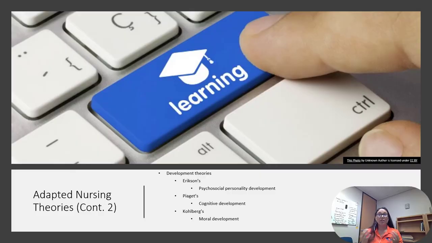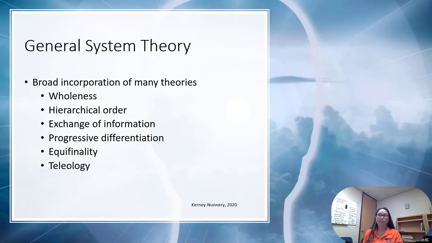there are a lot of other adapted theories that you may or may not be aware of. For instance, Erikson's psychosocial personality development, Piaget's cognitive development, and Kohlberg's moral development are also theories that nursing has adapted into practice. General system theory. There is a broad incorporation of theory into practice.